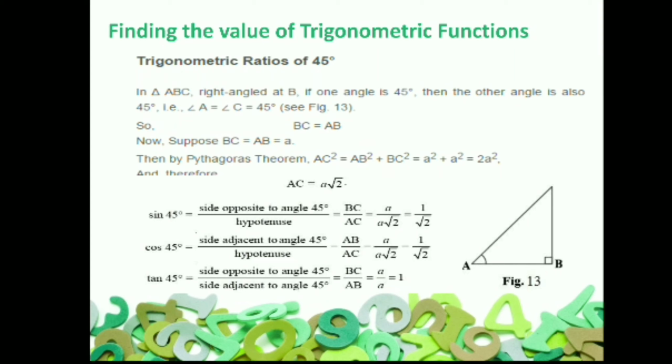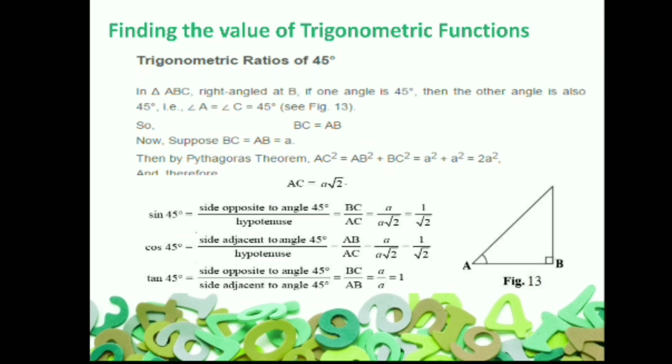So triangle ABC is right angled at B. If one angle is 45, then the other angle is also 45, so it is an isosceles right angle triangle. Suppose BC is equal to AB is equal to small a.